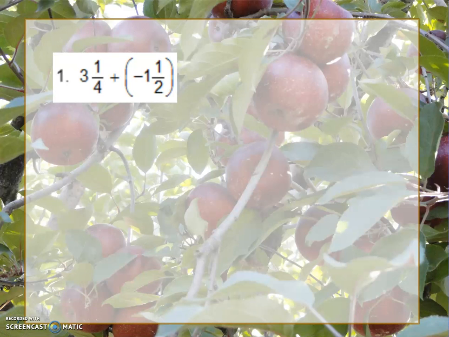Adding rational numbers with fractions. The first thing that you need to do is get a common denominator. So step 1, get the least common denominator. Step 2, you need to get equivalent fractions.